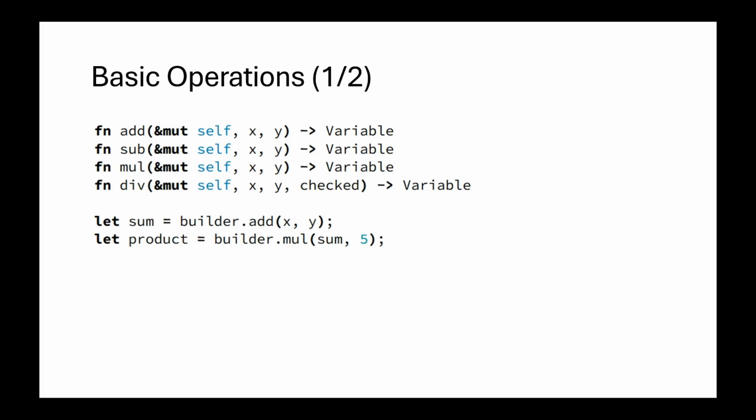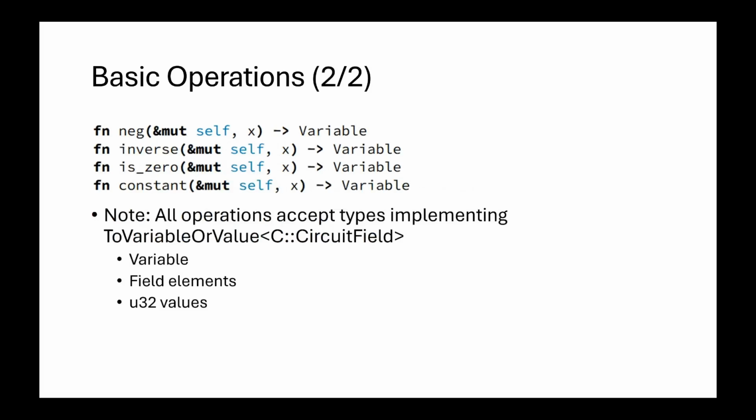The two lines below are an example showing how to add two variables together, or how to multiply a variable by a constant. We have some other operations, like checking whether a variable is 0, and convert.